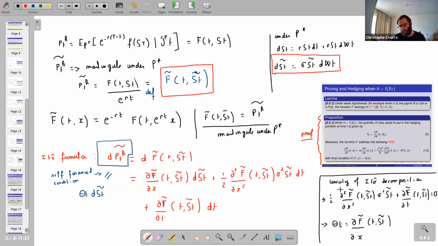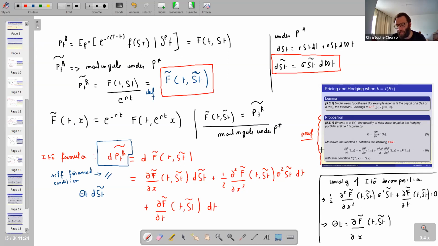Here, a partial differential equation for f tilde, and here the expression of the quantity of risky asset to put in the hedging portfolio, that is the derivative of f tilde with respect to x at t and S t tilde, from which I have to deduce these two. And from this one, we are going to deduce this one.